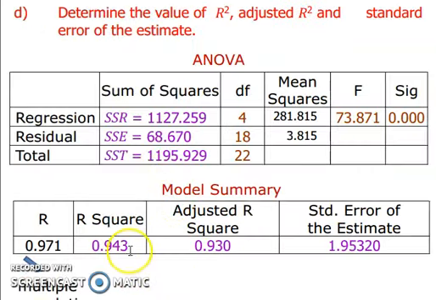The values of R squared, adjusted R squared, and the standard error of the estimate will be given in the estimation output. So this is the R squared, 0.943, meaning that 94.3% of the variation in Y is explained by the model.